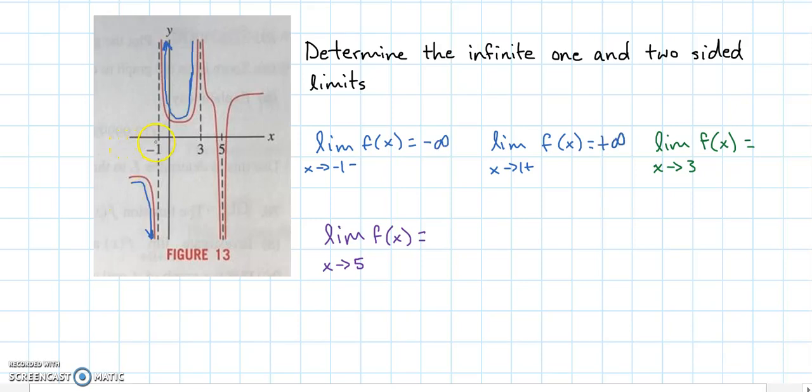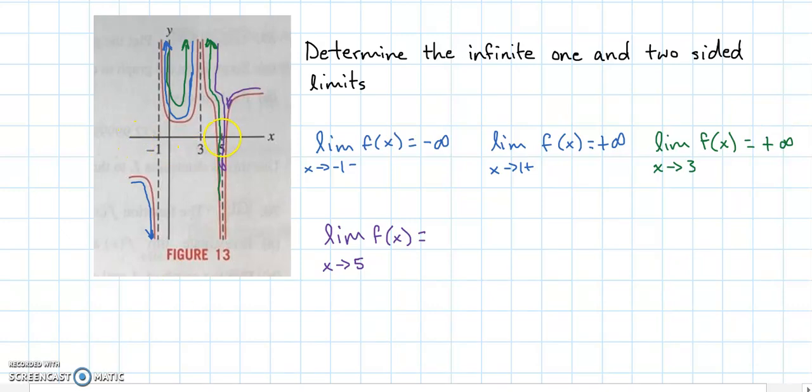As x approaches -1 from the left-hand side, the limit approaches negative infinity. And from the right side, the limit would be positive infinity. As x approaches 3 from both the left side and the right side, the limit approaches positive infinity.